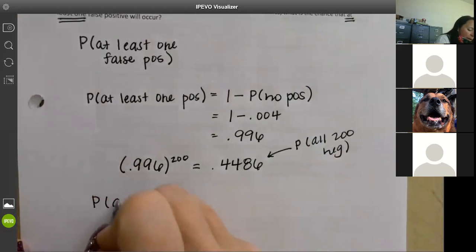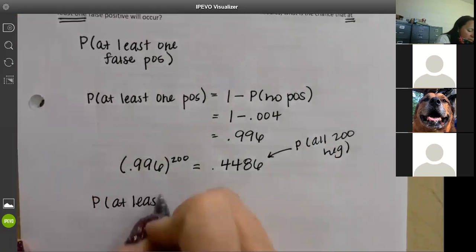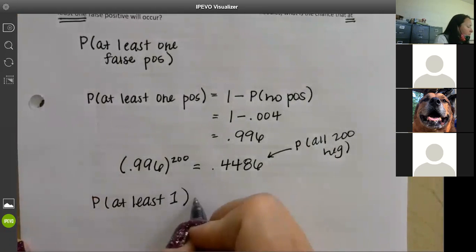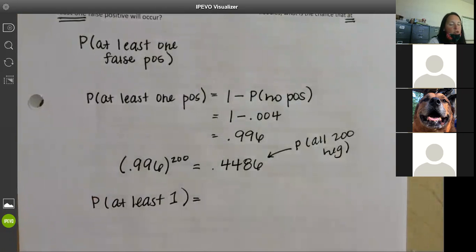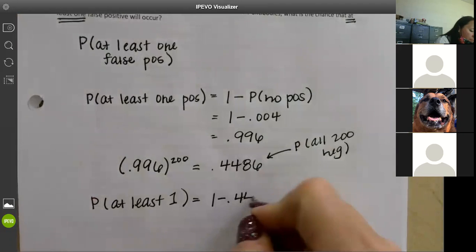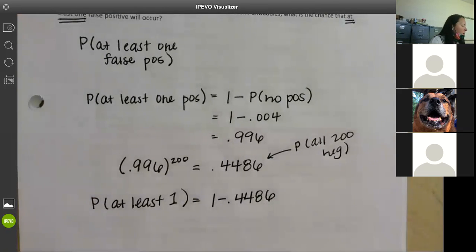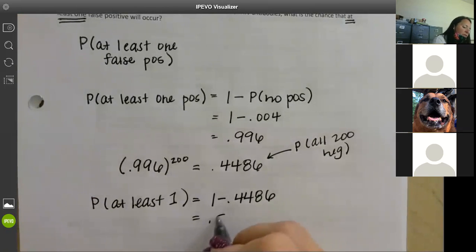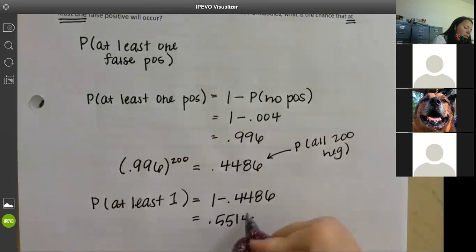So then to find the probability of at least one, you then have to subtract it. Remember, at least, when we were doing our probability before and we were using the Z table and stuff like that, we have to subtract it from one. Which gives us 0.5514.